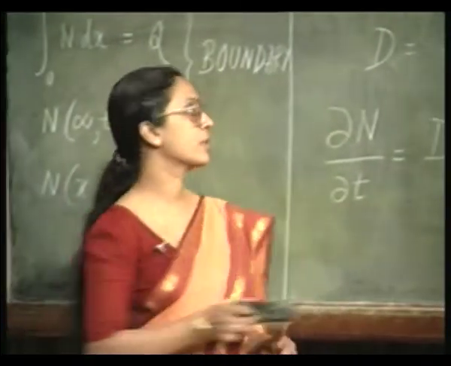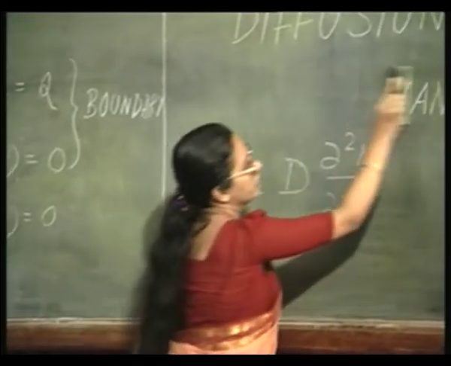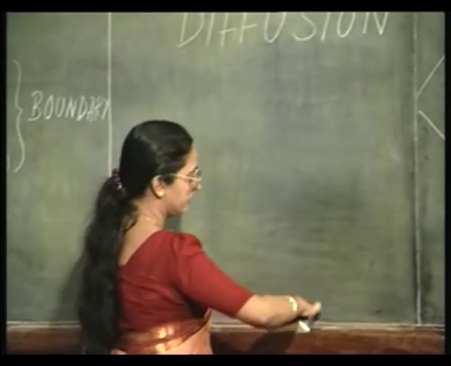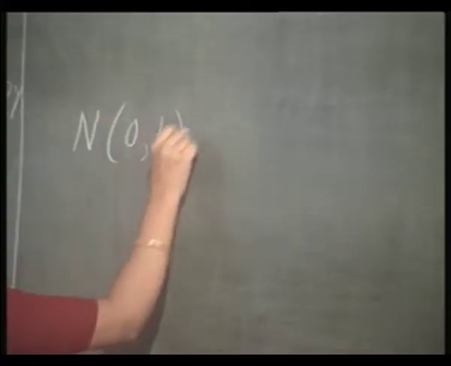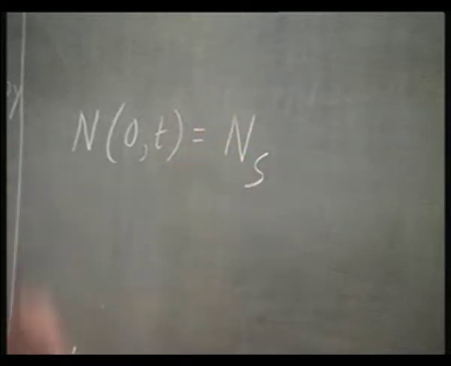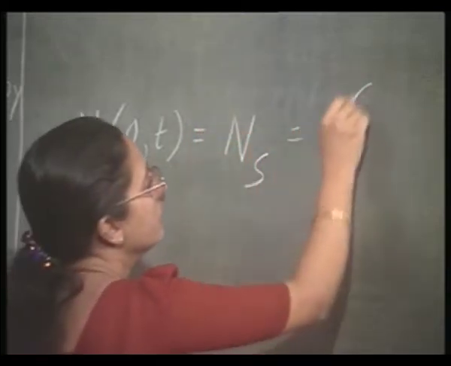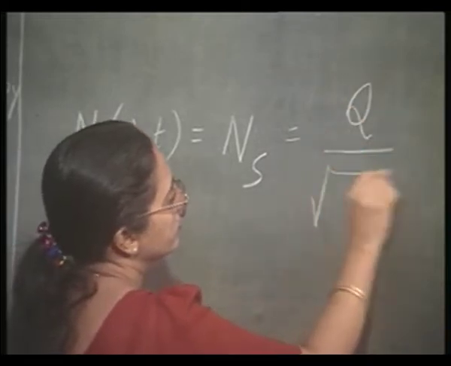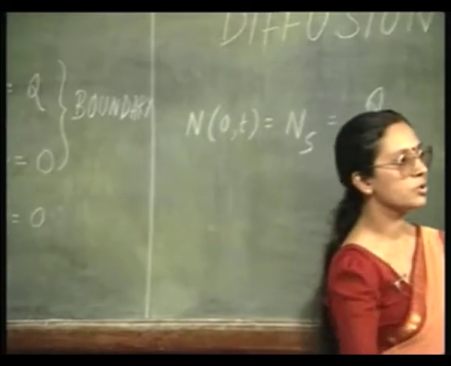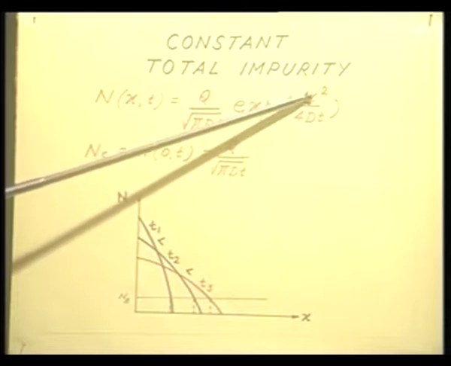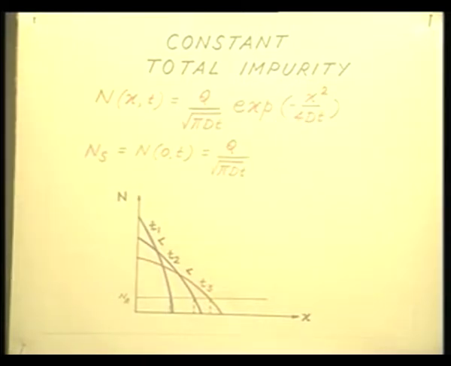Now, at x equal to 0, that is the surface concentration is given simply by putting x equal to 0 in this equation. This term becomes 1 and therefore we get Ns, that is the surface concentration is nothing but the doping concentration at x equal to 0 and given as Q by root pi Dt.